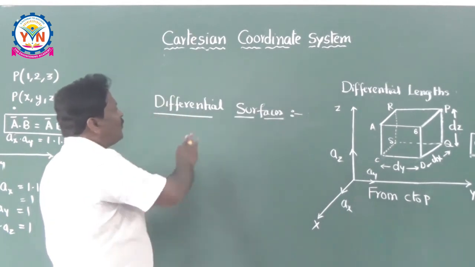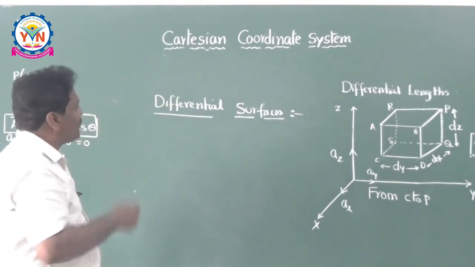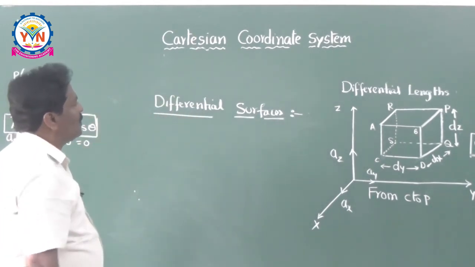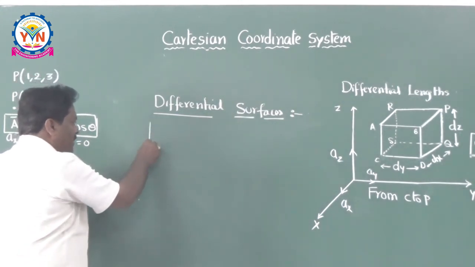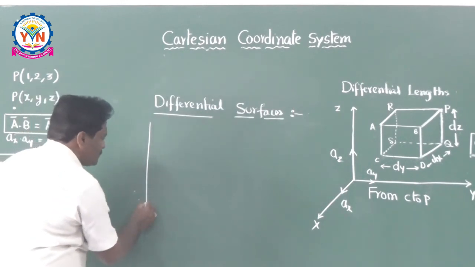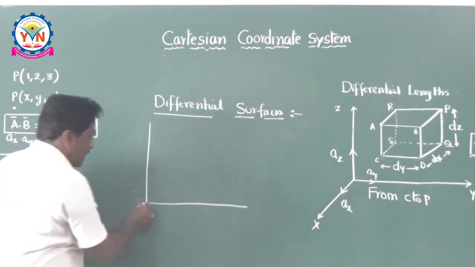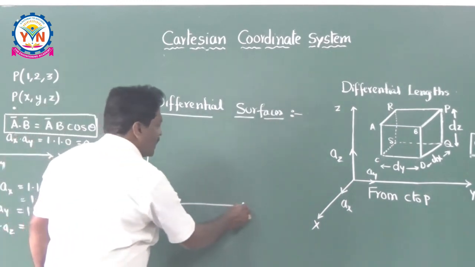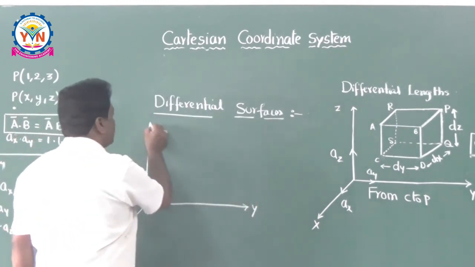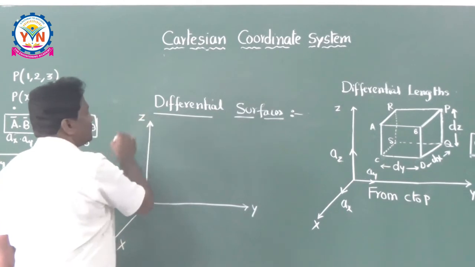Whenever you want to say these differential surfaces, I would like to tell you diagrammatically also. Let us take that once again. This is x-axis, this is y-axis, and this is z-axis.